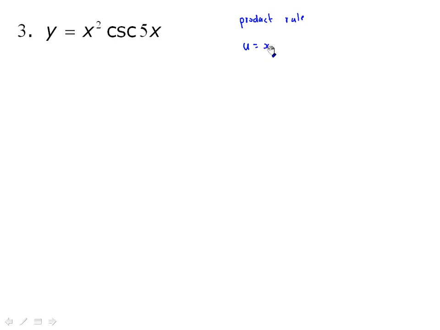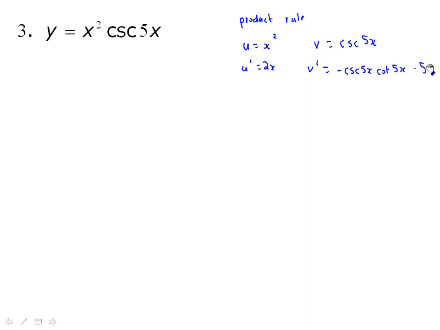Like u is equal to x squared, so u prime is equal to 2x. And then v is equal to cosecant of 5x. So we take a look at cosecant and how to differentiate that, and it becomes negative cosecant x cotangent x. So negative cosecant 5x times cotangent 5x. And then this is going to be multiplied by the derivative of the inner, which is 5.